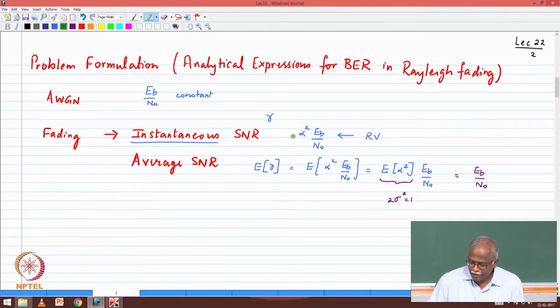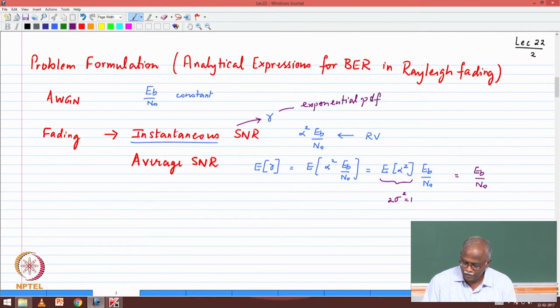If you define gamma to be equal to alpha squared Eb/N0, then this gamma is the instantaneous SNR. So this gamma is a very, very important quantity for us. That's the instantaneous SNR, and it's a random variable. And we have shown that this gamma has an exponential distribution. That's what we derived, but we'll view that once more. It has an exponential PDF.